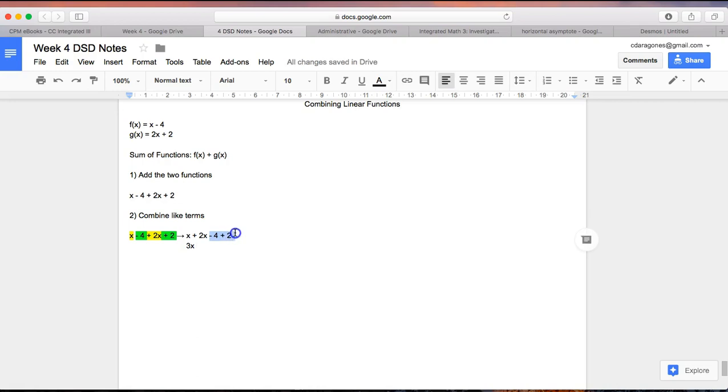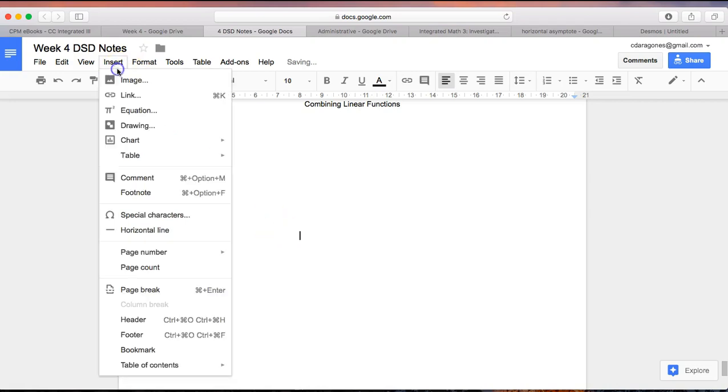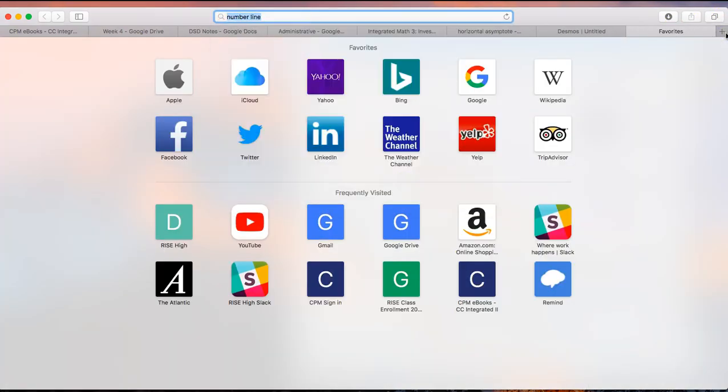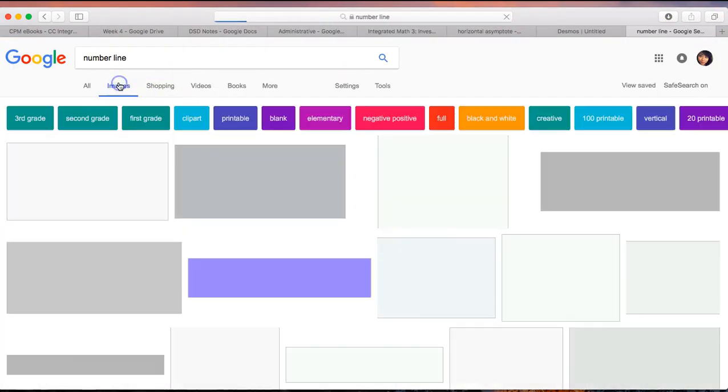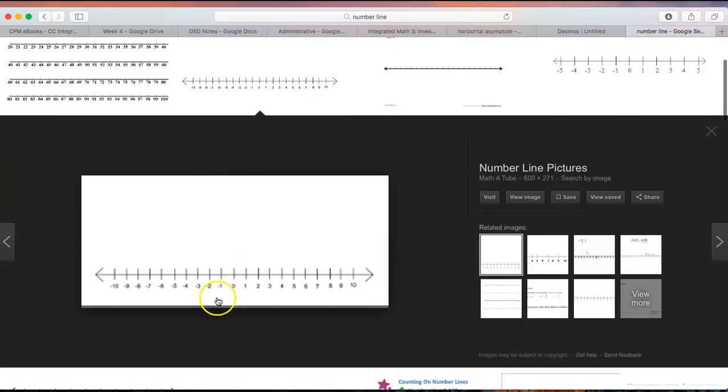And then minus 4 plus 2. If you know how to do minus 4 plus 2, that's great. I just want to make sure that if you don't, we're thinking of strategies. If I'm on the number line at minus 4, plus 2 means I move to the right 2.